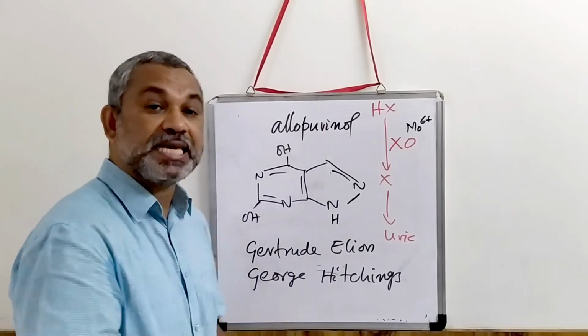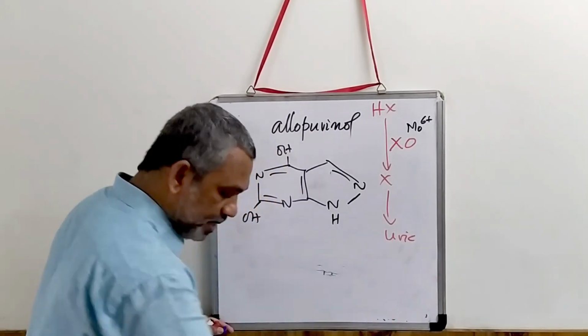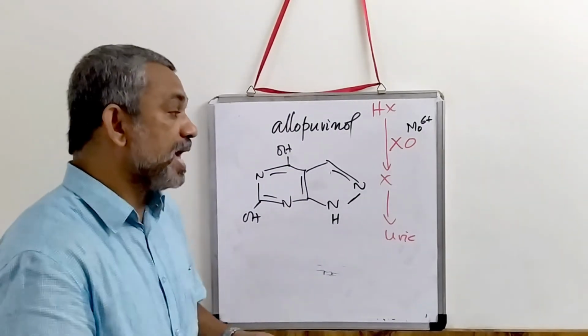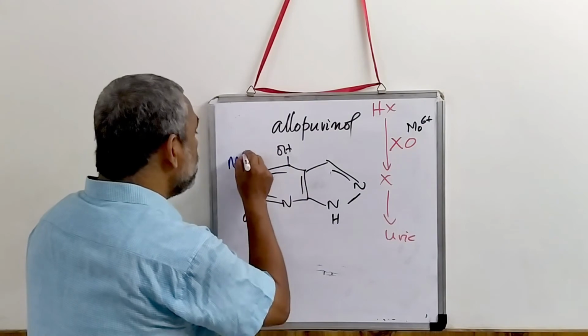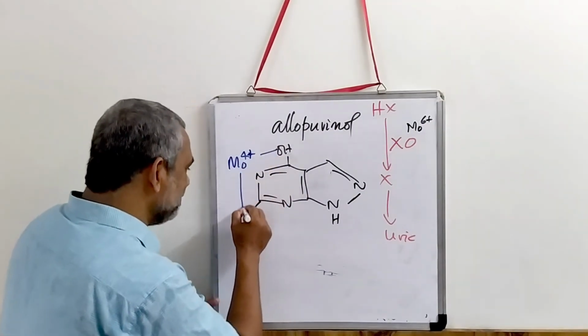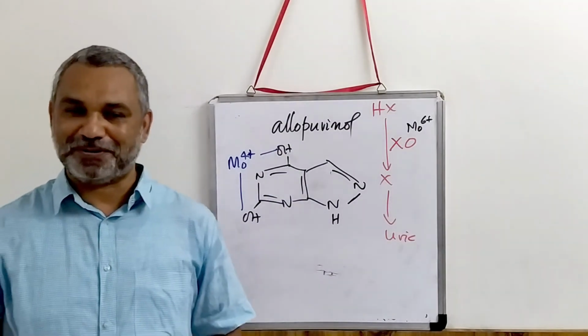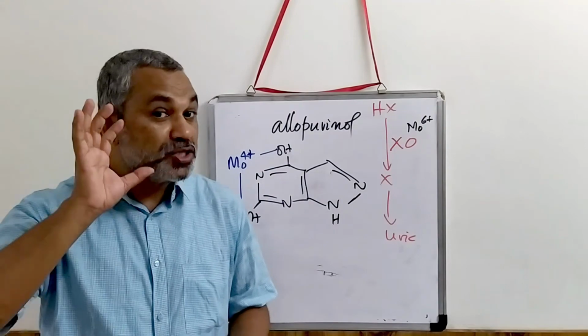What happens in this case is, these names you should learn by heart. Molybdenum, which exists as molybdenum 4+, binds to allopurinol, and it binds so tightly.